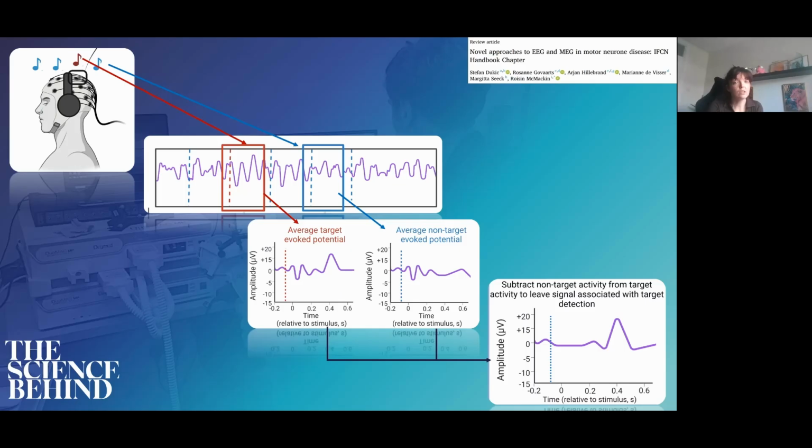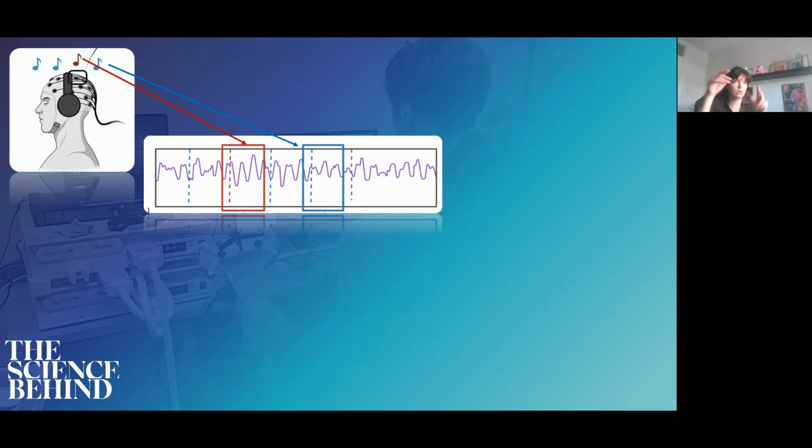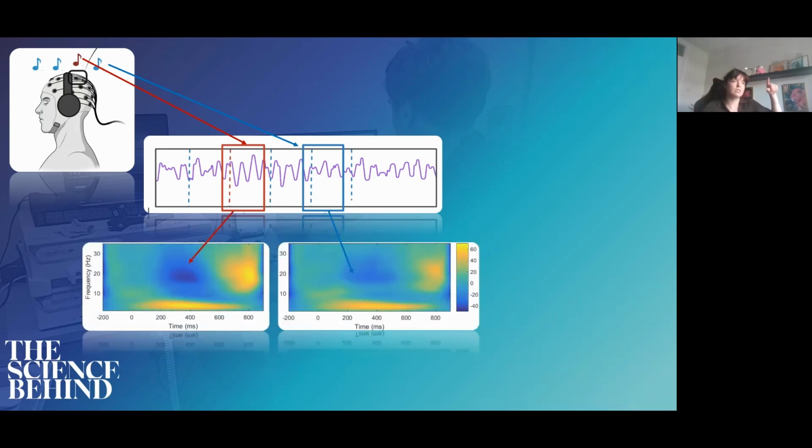Without getting too technical, I just wanted to highlight that I did mention how the brain communicates through different rhythms or oscillations. So here we're looking at the overall brain response during a task, which we can measure. What you can also do is look at specific oscillations, or specific frequencies or rhythms of brain activity.